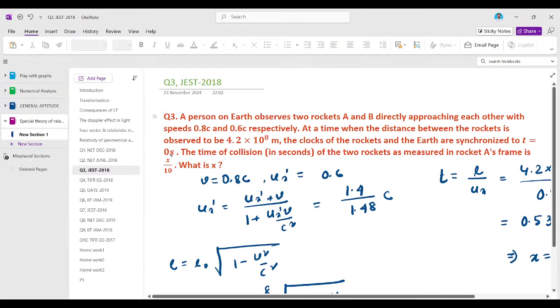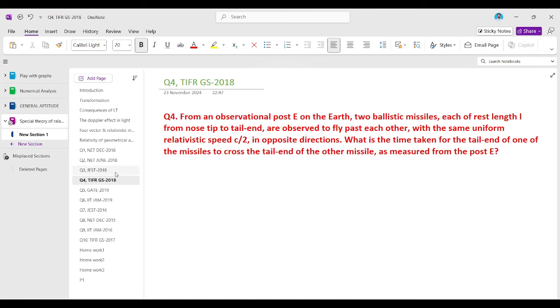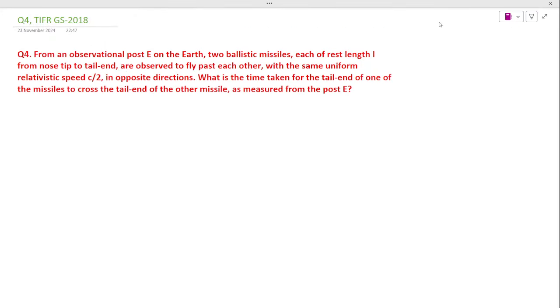So our next question, question number 4, TIFR GS 2018.